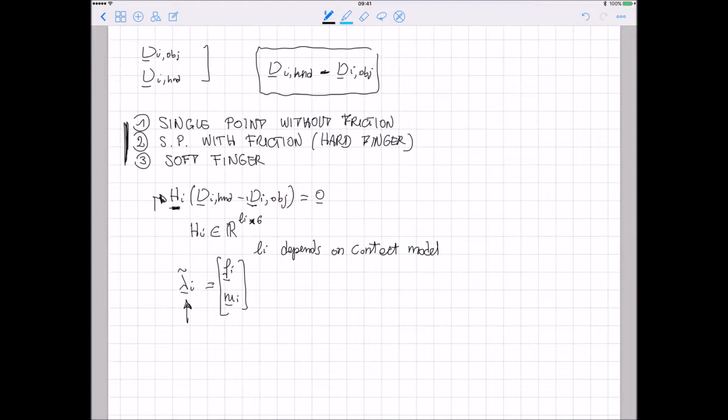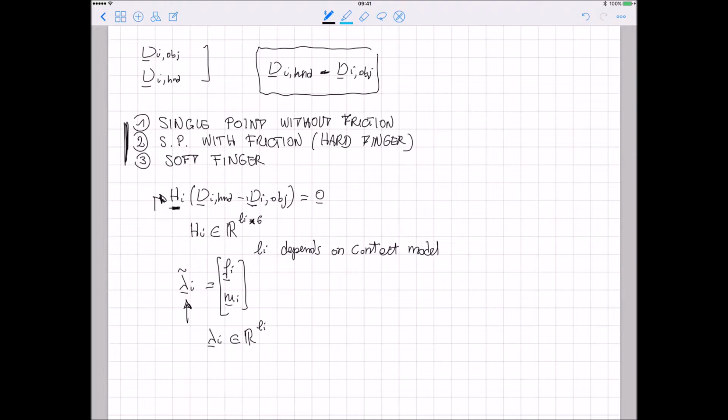And so for each contact we will have a subset of contact forces that are different from 0. This is a smaller vector than lambda tilde i, whose dimension also in this case depends on the type of contact, so it is L_i.